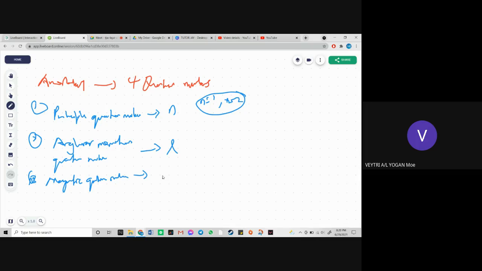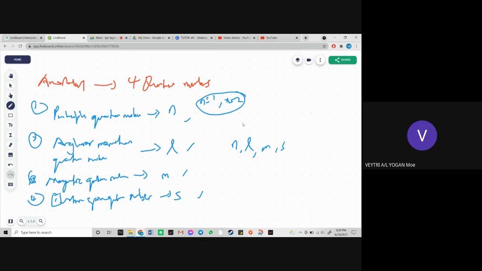It is denoted by small letter m. And number 4, electron spin quantum number. Electron spin quantum number denoted by S. So NLMS, that is the order, NLMS. Okay, now let's have a look one by one.